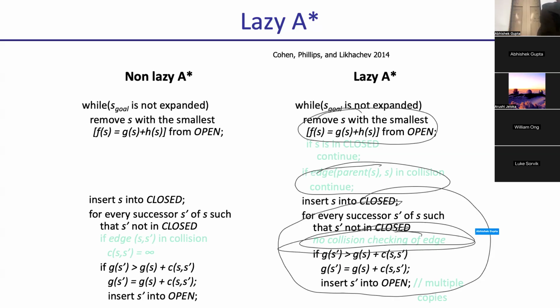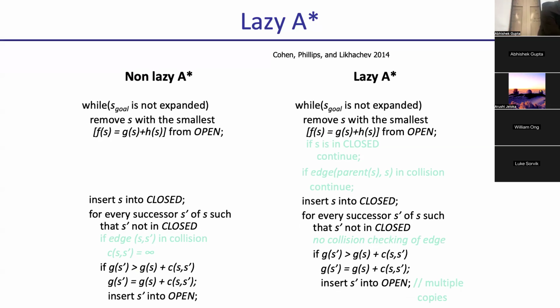When you expand a parent, you're not going to collision check all the children. Instead, when you expand something, you're going to check whether it collides with its parent or not, right? So you store all the nodes in the list along with their parents. When you pop a node, you collision check: is it in collision with its parent? So let's go through an example, and this will become a little more clear.